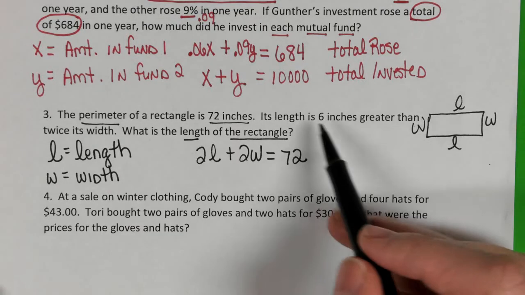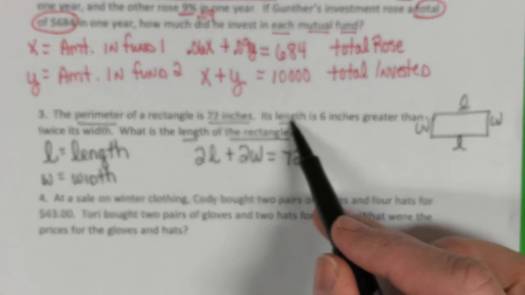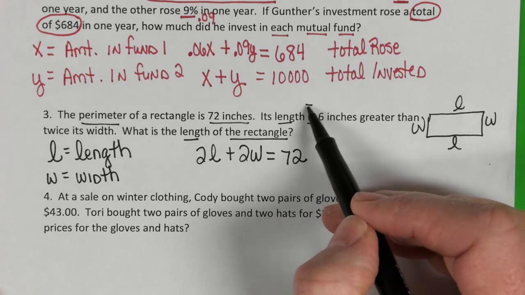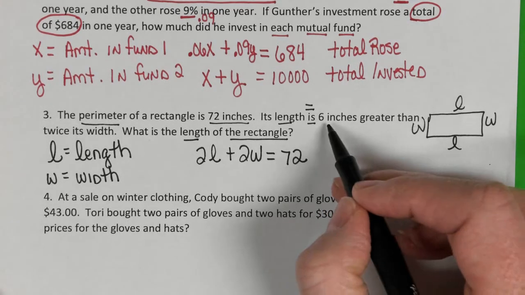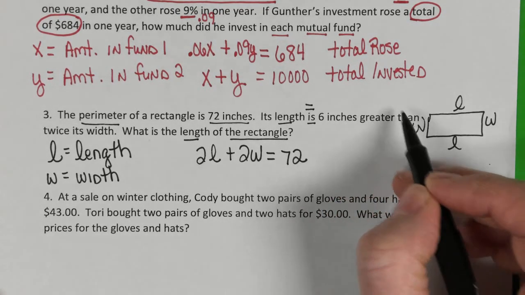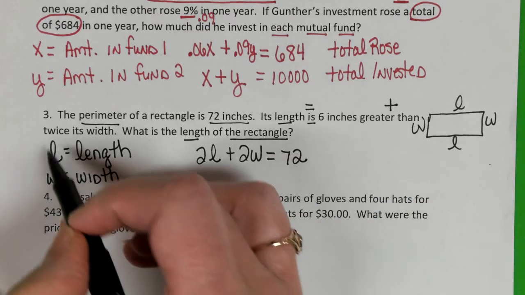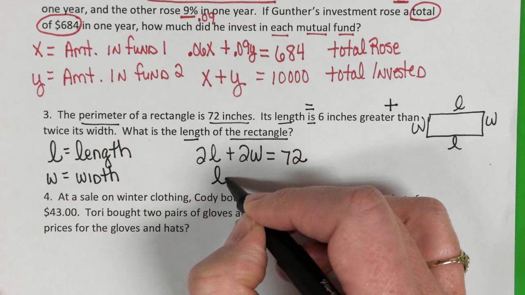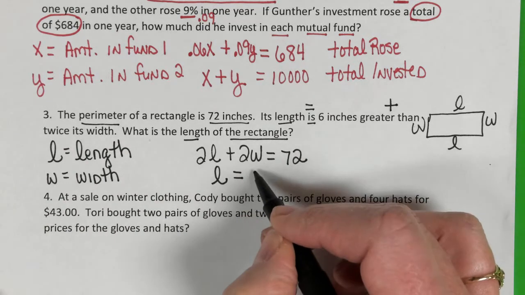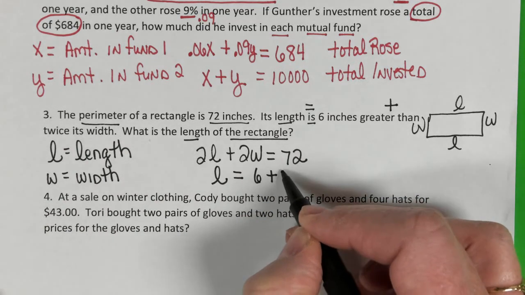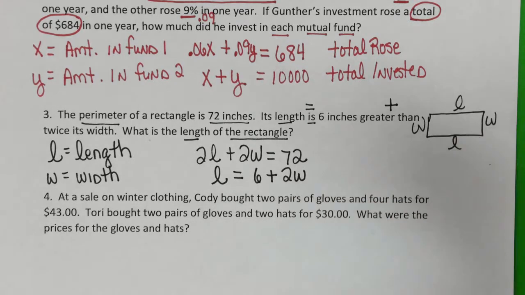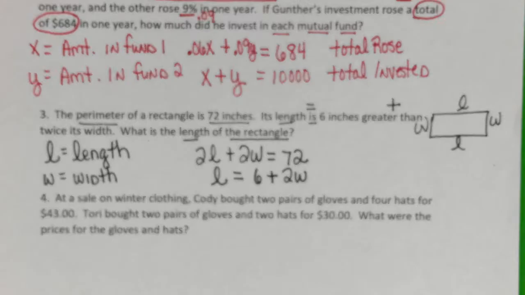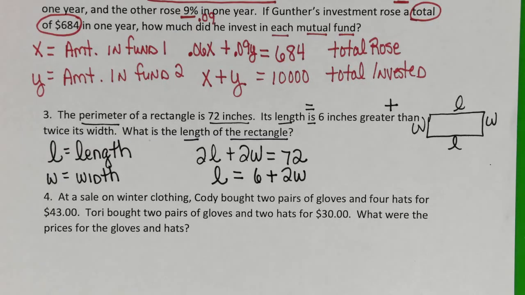And then notice in the second sentence, it says the length equals 6 inches greater than twice the width, 2 times the width. So the length is 6 plus 2w, or 2w plus 6, either way. And that's it.